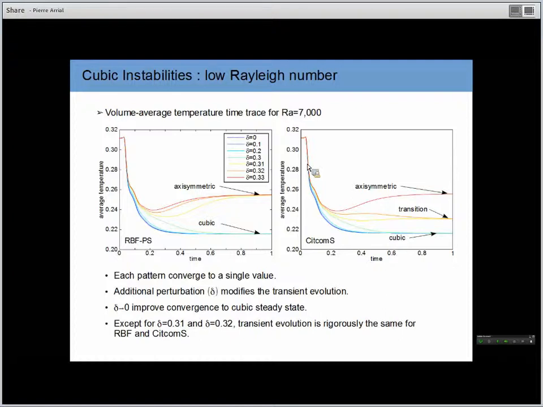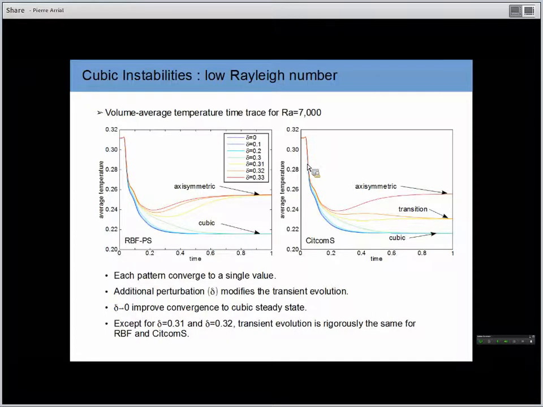The cubic steady state is supposed to be destabilized toward the end member of the initial condition, I mean, it's supposed to become an axisymmetric steady state. For RBF and ASPECT, we observe only these two parts. While for CitcomS, we observe something like a transition, and for only a very small amount of perturbation, we can observe transition patterns.